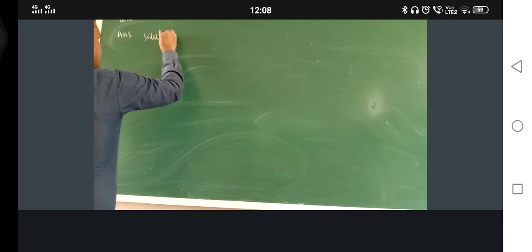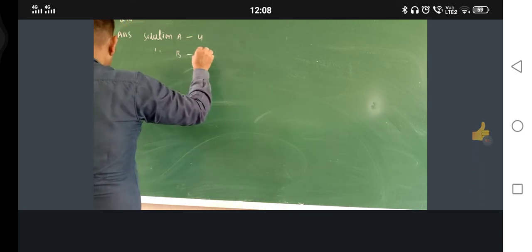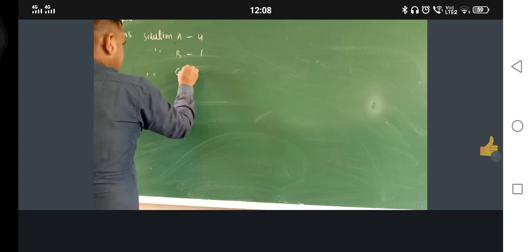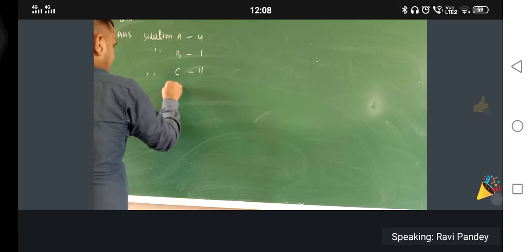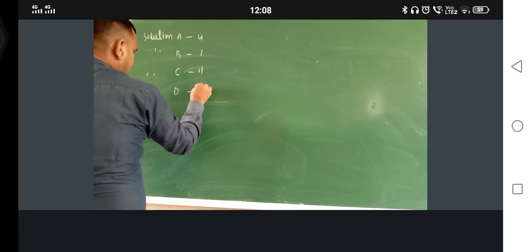See the answer. Solution A. What is the pH? pH is 4. Now B. What is the pH? 1. C. What is the pH? pH is 11. D. What is the pH? 7. Okay.